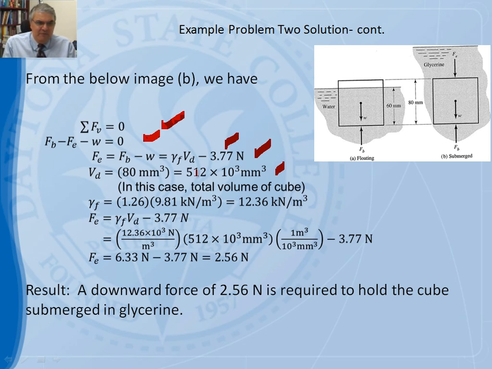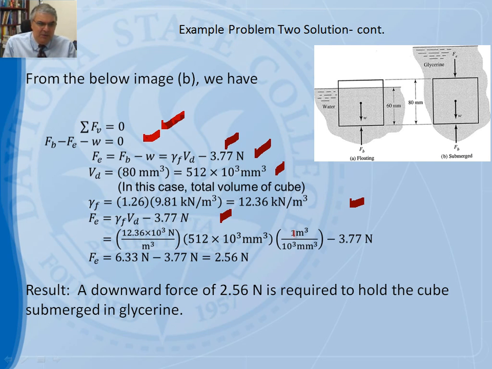Remember, in previous steps, we only calculated the volume of the submerged portion of the cube. Gamma sub F, we can easily calculate that. F sub E is then gamma sub F multiplied by V sub D, and then we subtract W from that, which is gamma sub F V sub D minus 3.77 Newton.